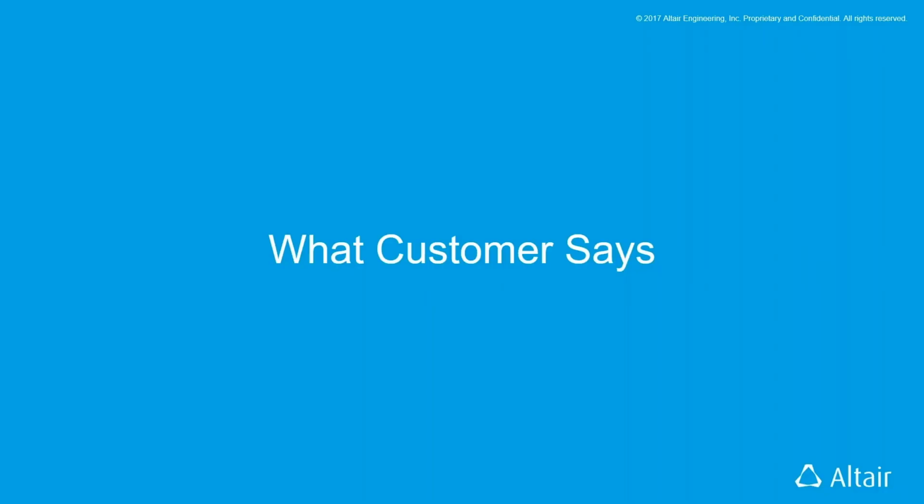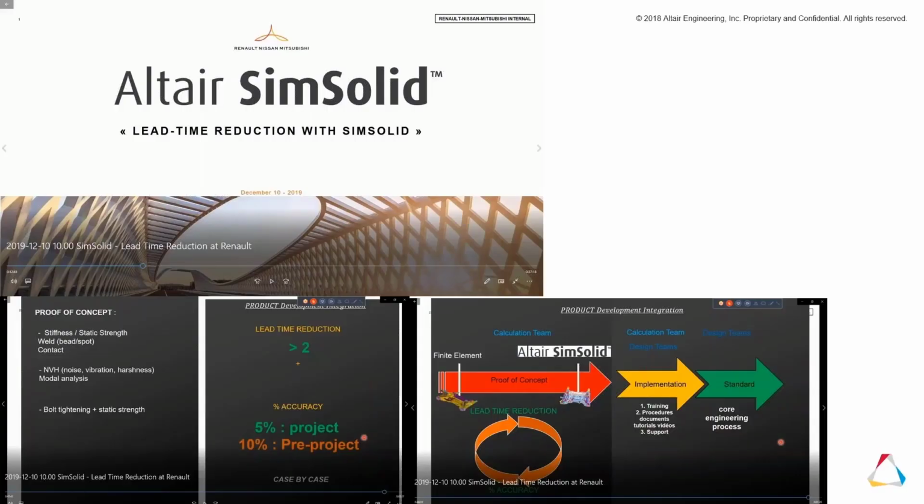Okay, so what does our customer say? Renault Nissan is using it extensively, and they recently published a video presentation where they published their findings. What it is saying is that the error is around 5 to 10%, in the sense that accuracy is around 90 to 95%.